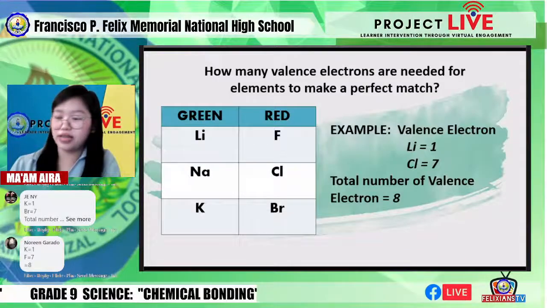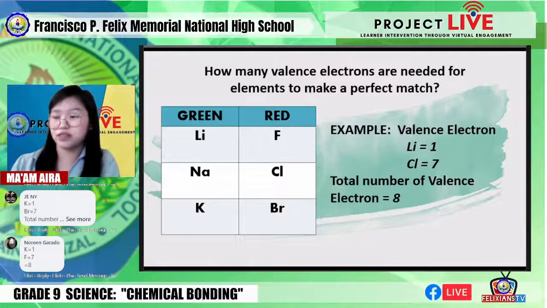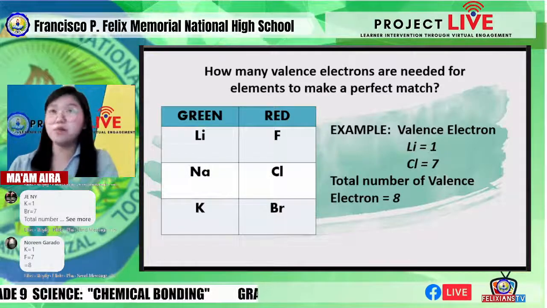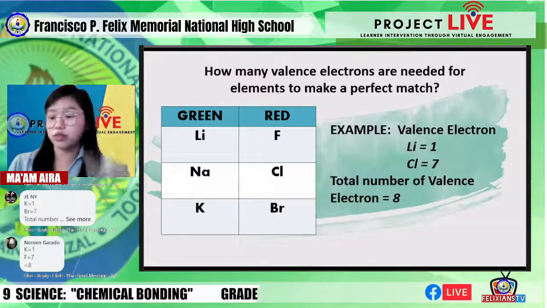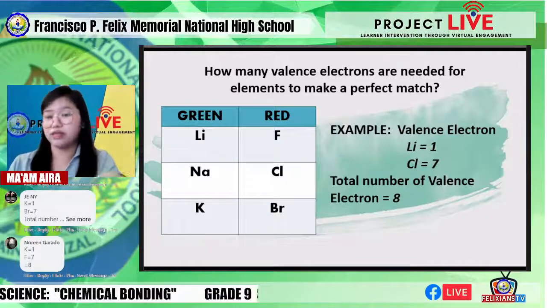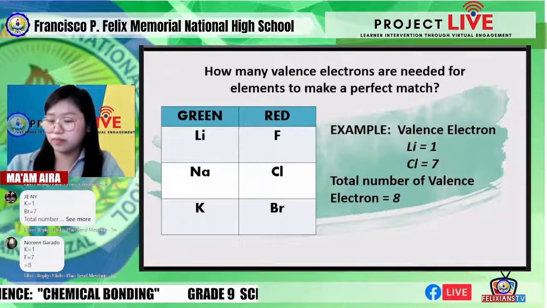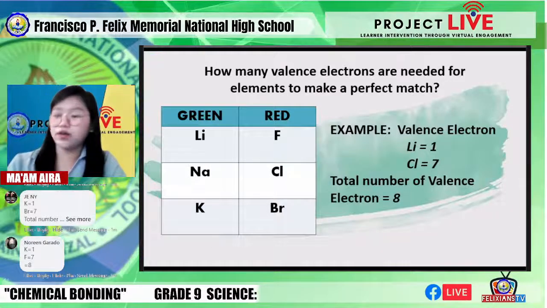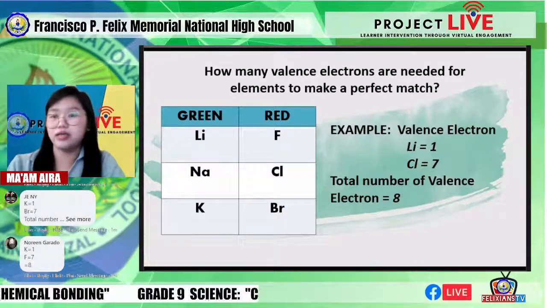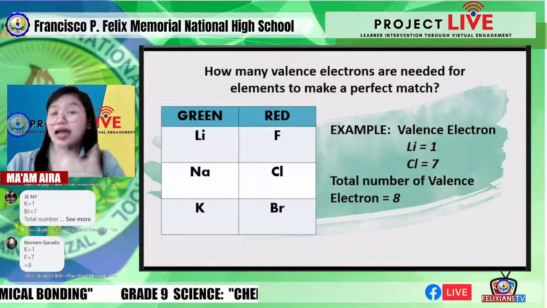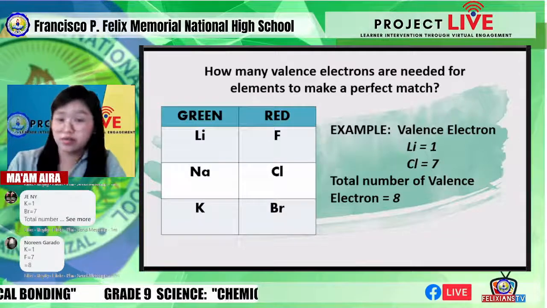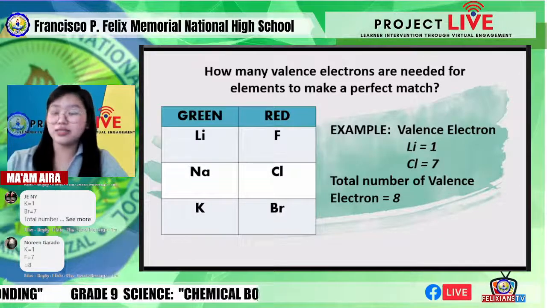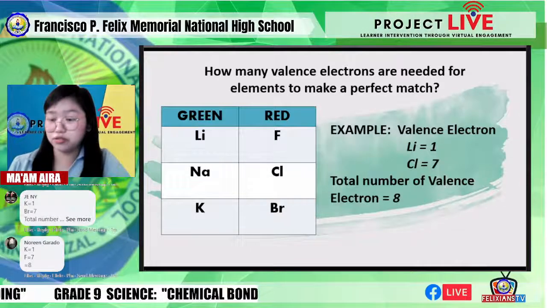Again, if you have your answers, you can type in on the comment section. Just a little comparison between the two sets of activities. For the first set of activity, did our elements need a partner? How about the second activity? What do we do?